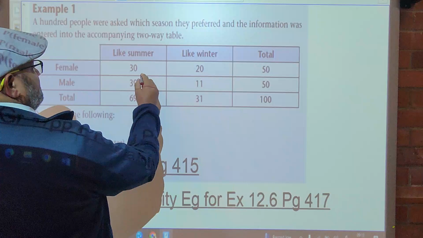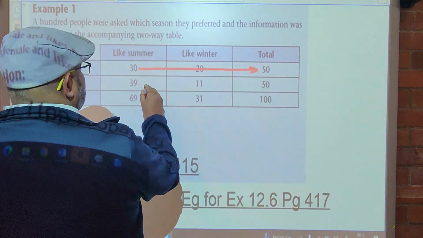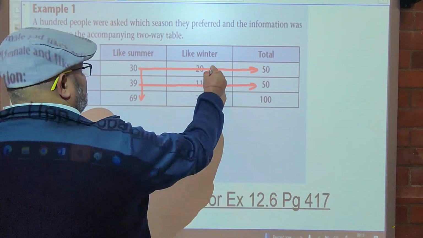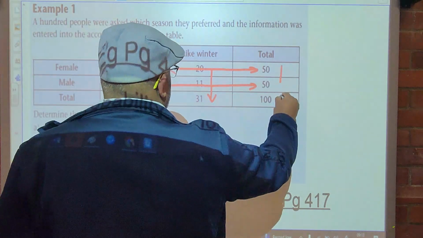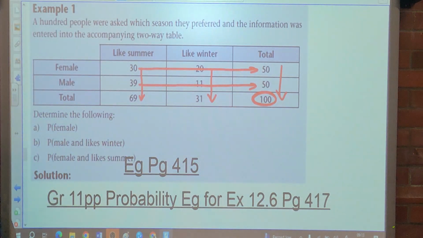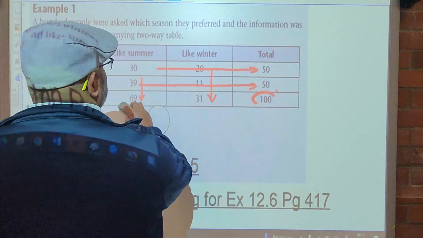Importantly, at this point we should know that 20 plus 30 gives you 50, 39 plus 11 is 50, 20 plus 39 is 59, 30 plus 11 is 41, and 50 plus 50 is 100. There were 100 people in total that were surveyed. Okay, you guys understand? So any confusion thus far?